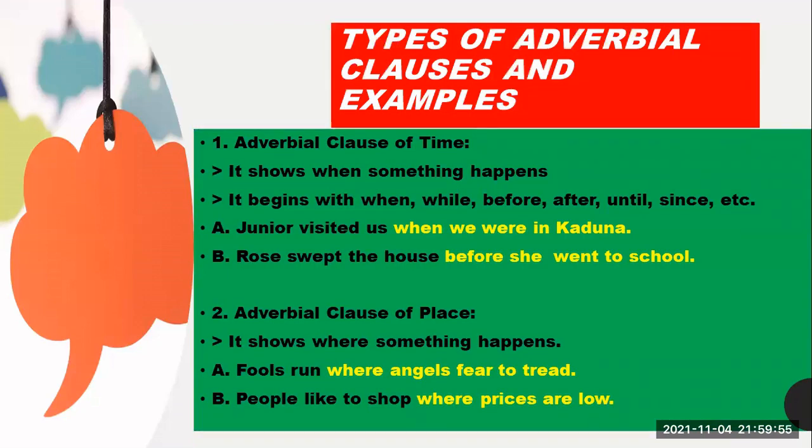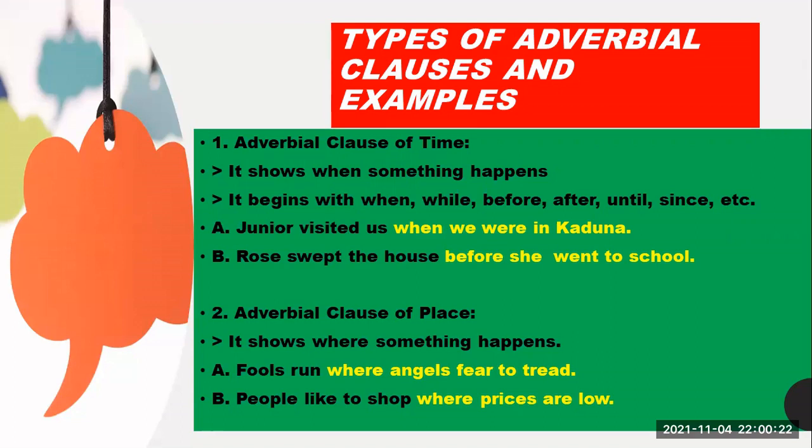Now, we are going to learn 9 types of adverbial clauses, and we are going to look at copious examples. The first one is adverbial clause of time. Now, an adverbial clause of time shows when something happens. It basically provides answer to the question when. All right? When did it happen?